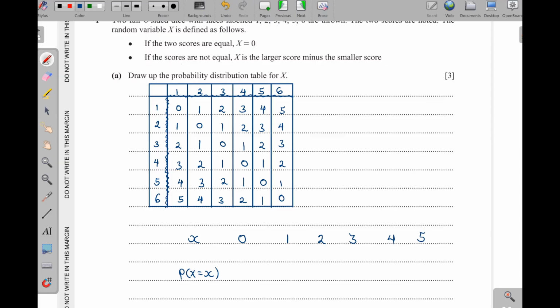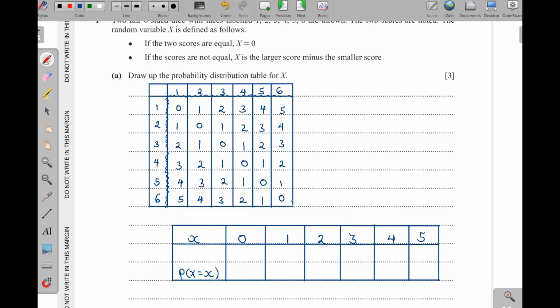So we put now these in the table. So zeros, we can see this is 1, 2, 3, 4, 5, 6. Out of the outcomes, you get 6 times 6, which is 36. So this one is going to be 6 out of 36.